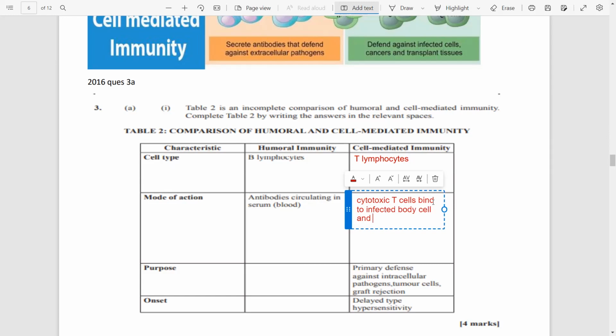And make pores in the membrane, thus destroying it.